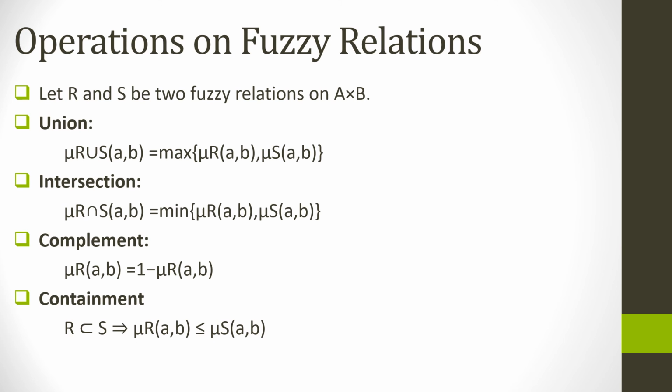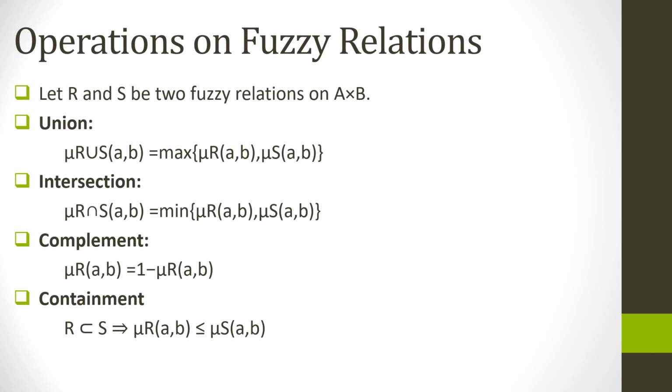Let us see operations on fuzzy relations. Let R and S be two fuzzy relations on A and B. The first operation is union: the membership function of R union S on (A, B) is the maximum value from the two relations. In intersection, you take the minimum value from the two relations.